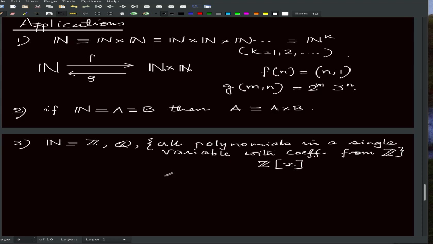It looks like p0 plus p1x plus p2x squared plus up to pnx to the power n, and it stops, and these p0, p1, etc. are numbers from Z. So all of them are like this.